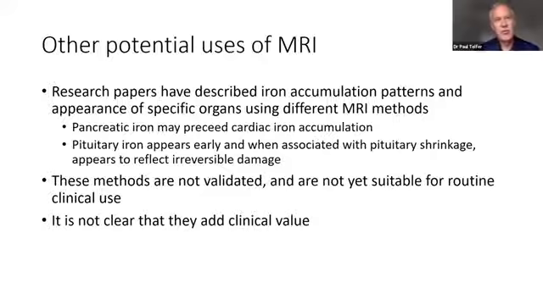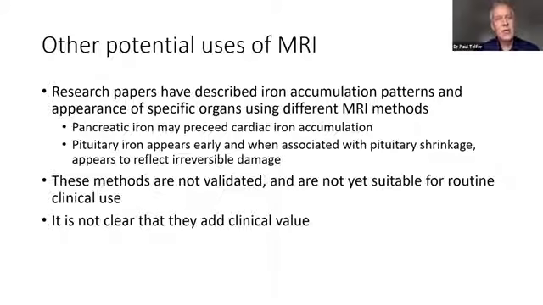And pituitary iron is related to pituitary failure and pituitary damage from iron overload. It's also useful in scanning the pituitary because it seems that if the pituitary volume is significantly reduced, that seems to indicate irreversible pituitary damage as a result of iron overload. However, both of these methods and others, again, have not been fully validated.